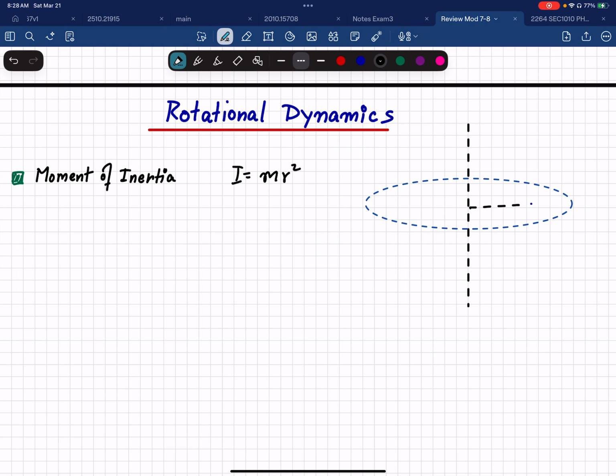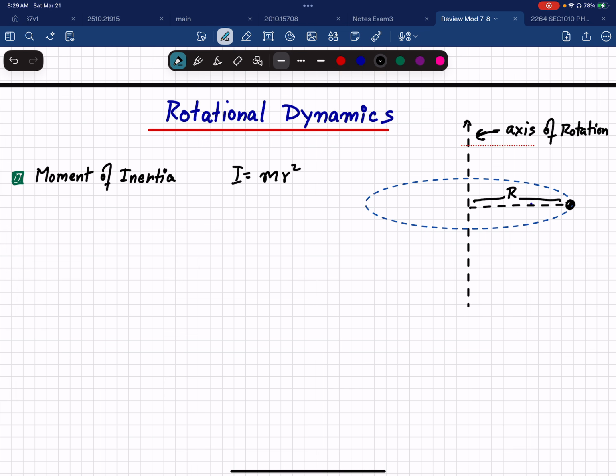Okay, so if the object is at a distance r, the moment of inertia around the axis of rotation, and this is the axis of rotation, is given like this.